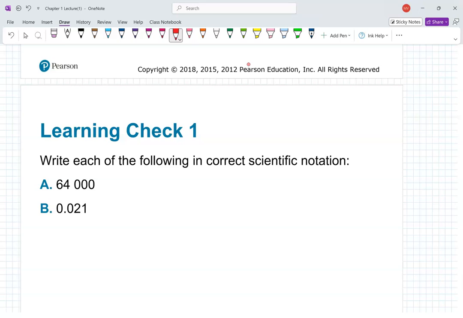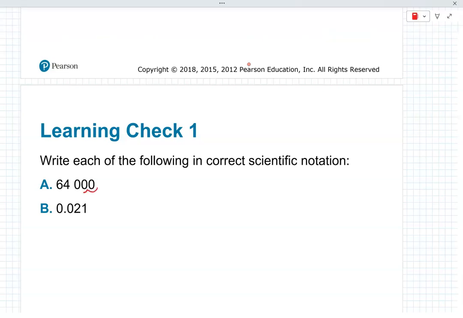Well, shameful. Let's write 64,000 in scientific notation. How many steps should I take? Which direction? To the left. Okay, yes, to the left. So we go 1, 2, 3, 4.